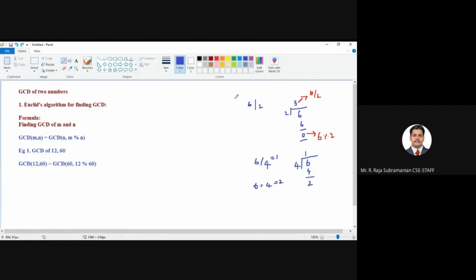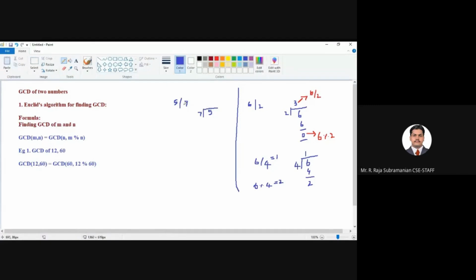I'll put a line here. It's a little rough one. I'll give 5 divided by 7. I'll write 7 outside, 5 inside. How many times is 7 in 5? 0. So I cannot put any number in the quotient. Why?